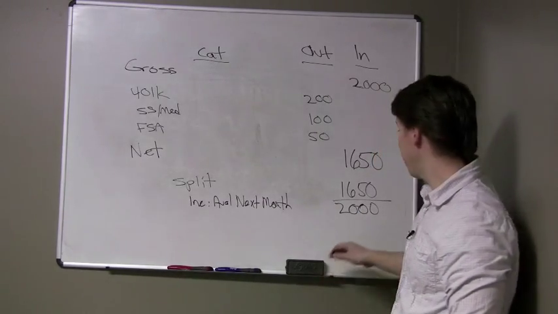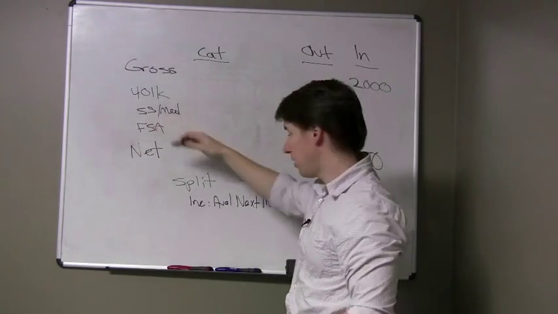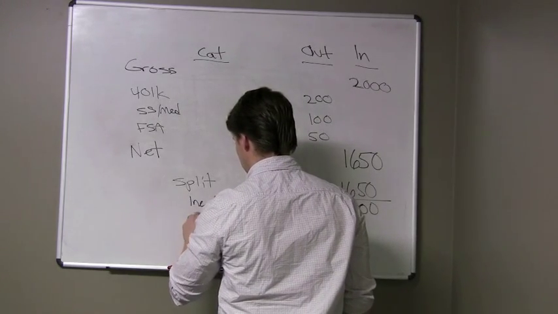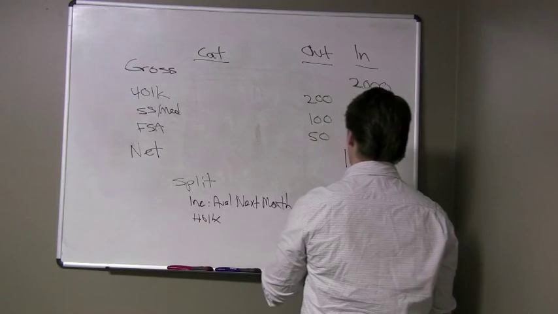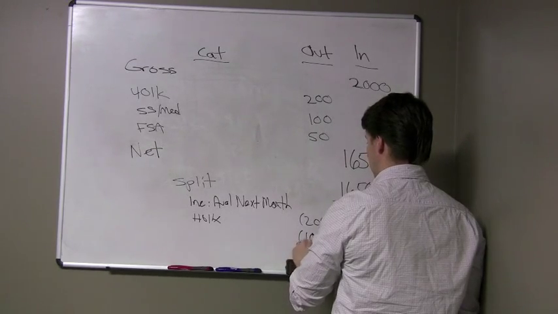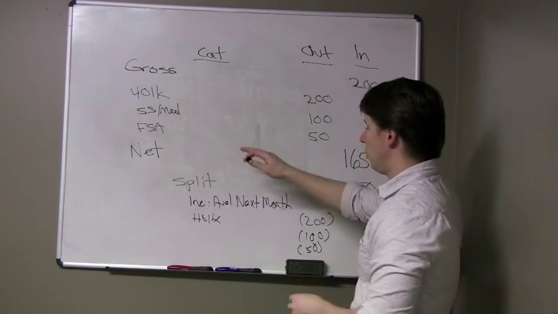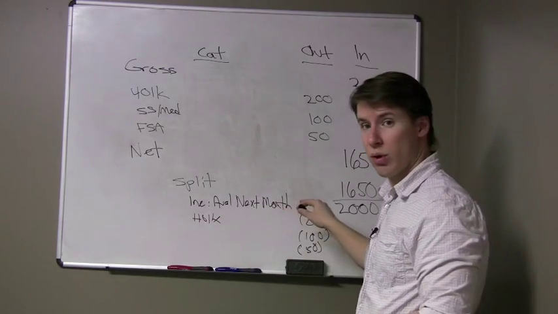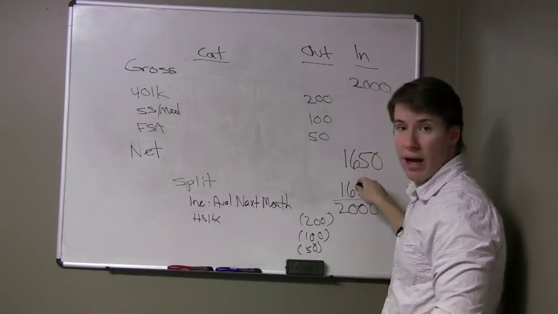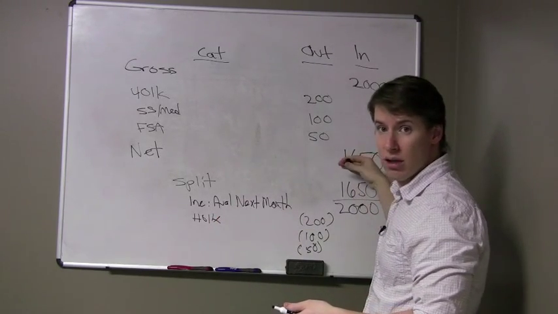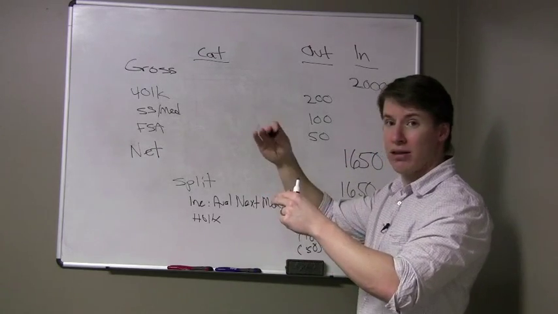And then you would have your deductions, and you'd categorize those as well. So your 401k could be a category of 200, and then your Social Security, Medicare, and your FSA, your flexible spending account. The key is when you're recording that transaction, your net amount, what actually hits your bank account, is the amount you record at the parent level.